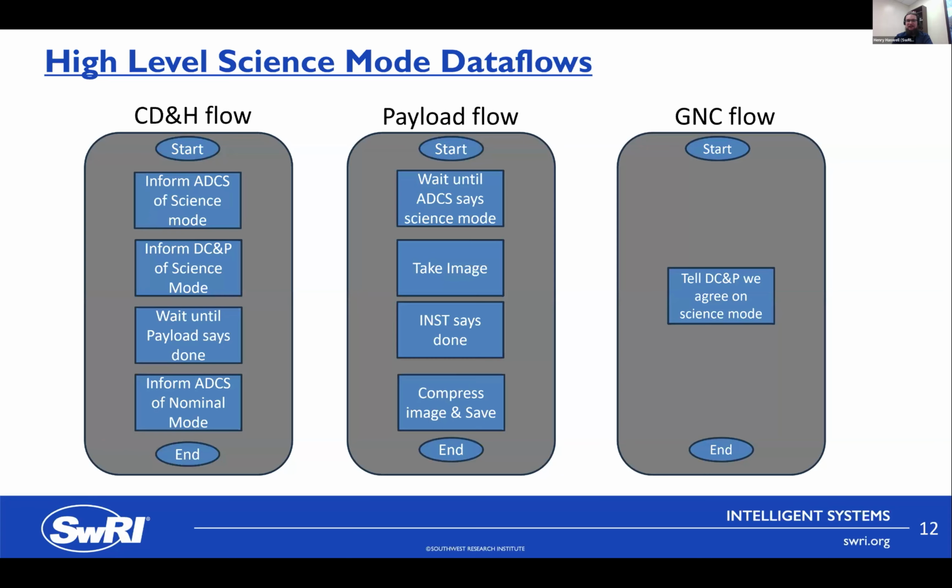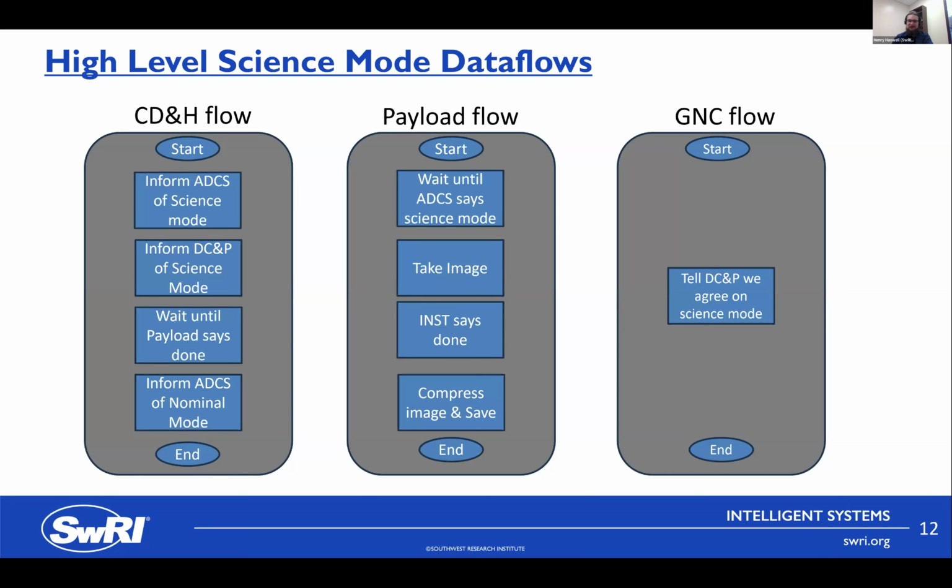Now, at a high level, our science mode data flow, for example, we have command and data handling, payload, and GNC flows, each segmented from each other. The GNC flow is sort of just telling the data collection, hey, we're in science mode. Payload is waiting until ADS says it's in science mode and takes its images and then says it's done and then compresses the image, whereas CDH is doing all the communication between these operations.